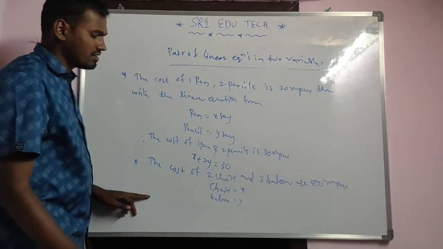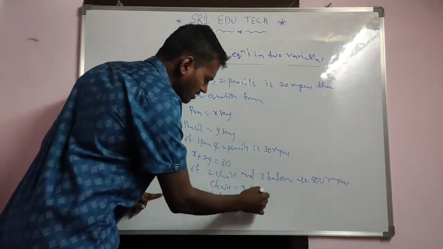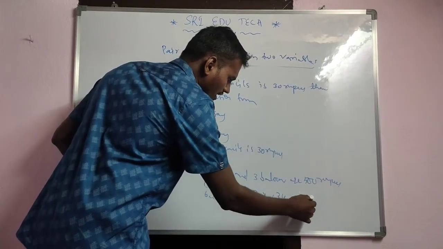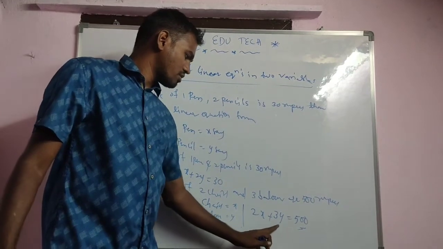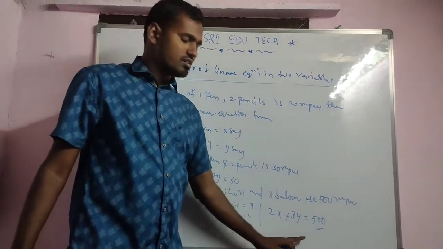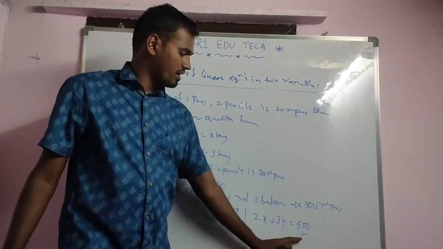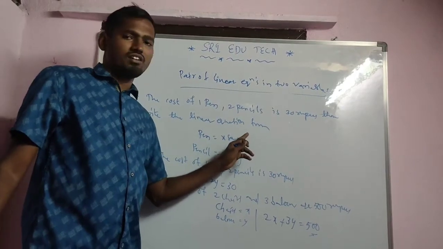Then the linear equation is 2x plus 3y is equal to 500. Chairs 2, balloons 3, total 500. So this is the linear equation form, 2x plus 3y is equal to 500. It's important.